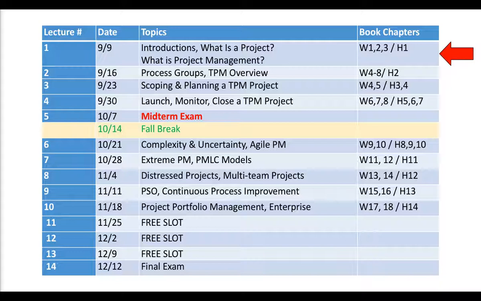So this is the schedule as I've mapped out. I believe the only day we're missing is October 14th, which is in the fall break. If you know of any other dates that could be problematic, please let me know.